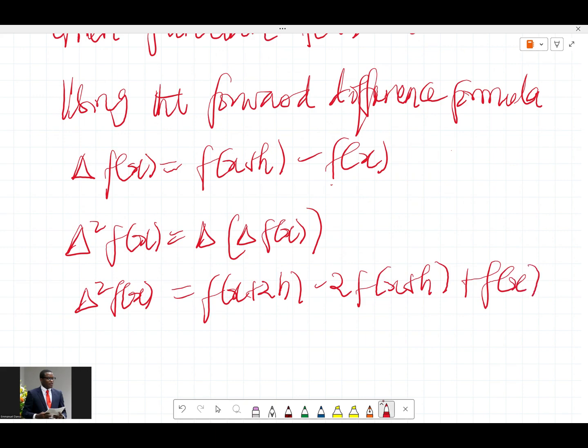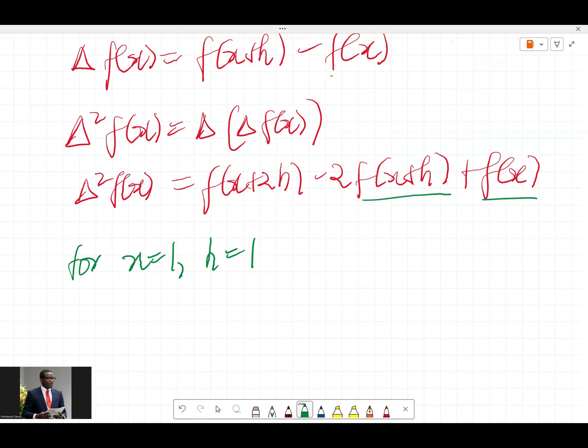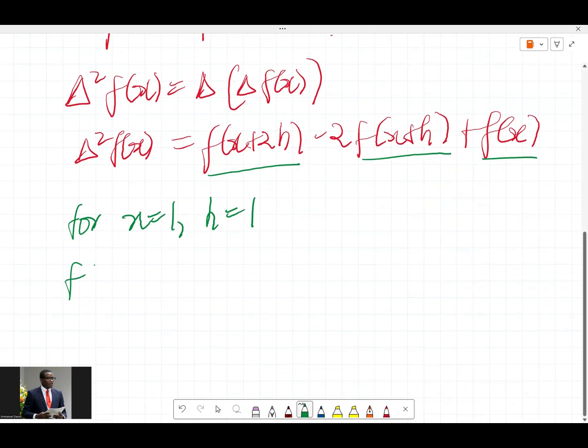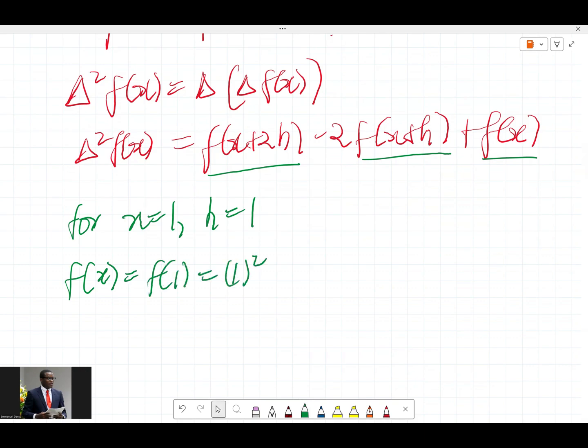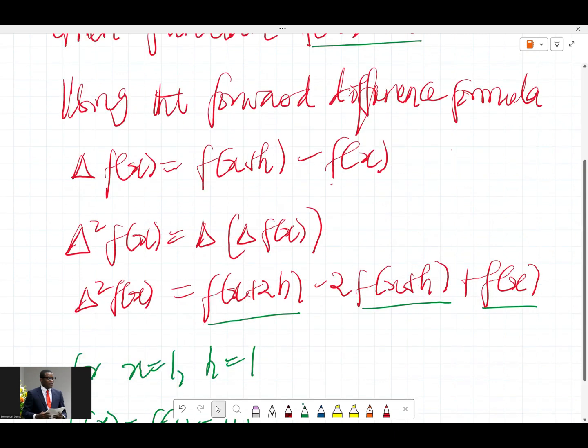With that settled, imagine that you have x equal to 1 and h is also equal to 1. We need f of x, f of x plus h, and f of x plus 2h. So f of x is f of 1, which is 1 squared, because the function itself is f of x equals x squared, and that is 1.